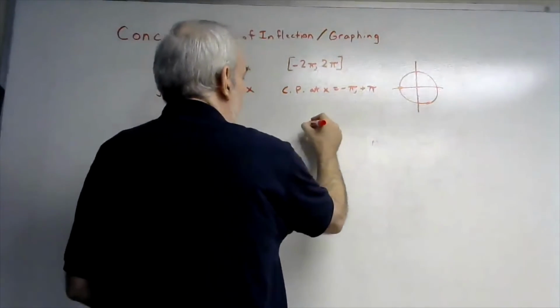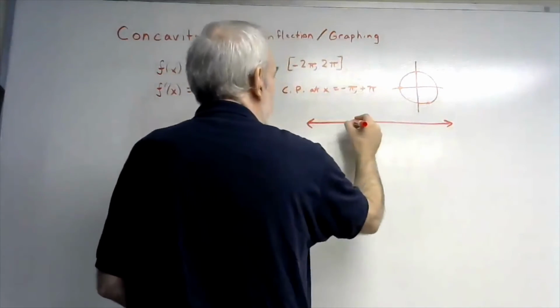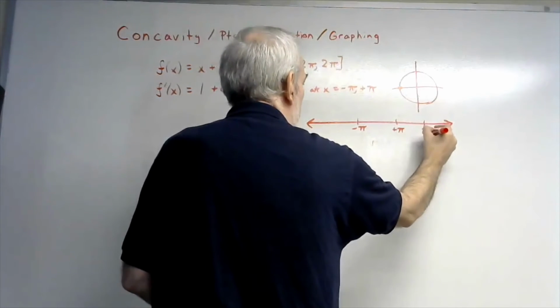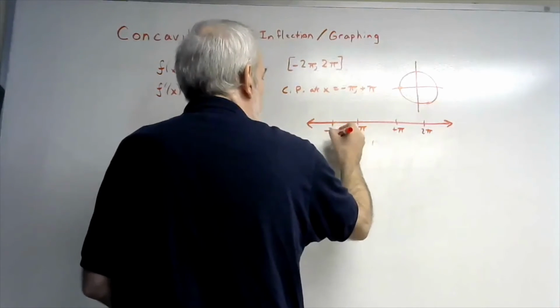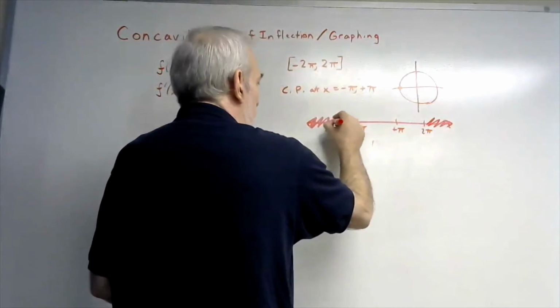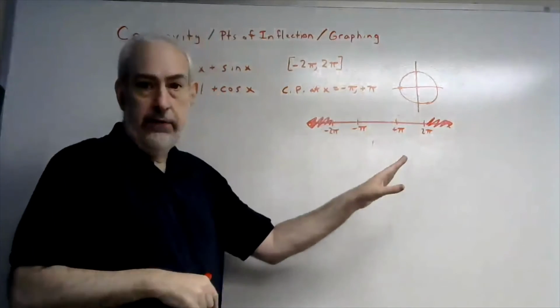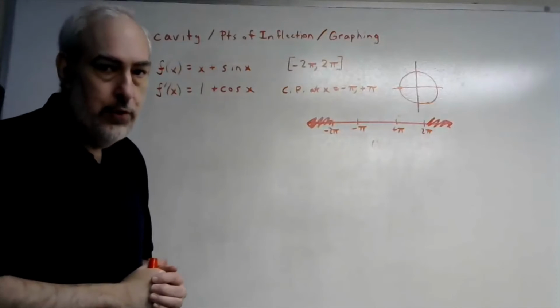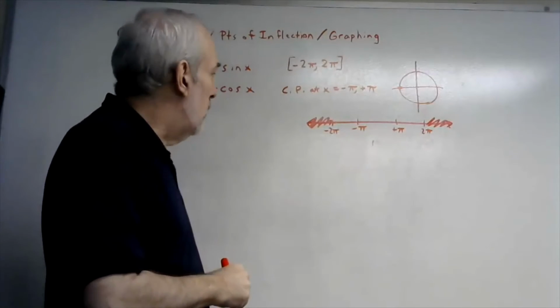Let's go ahead and make the sign chart for the first derivative. Because this function has this domain, I'm going to scratch off everything before negative 2 pi and past 2 pi, so that I don't accidentally try to plug in a number that's not even in our region. And these are the only two critical points.